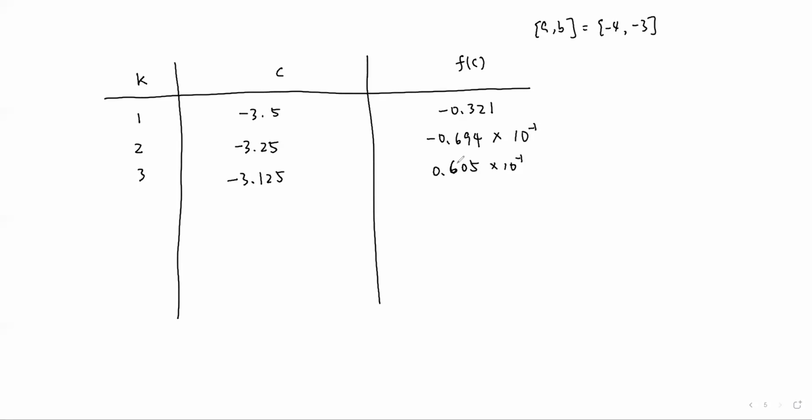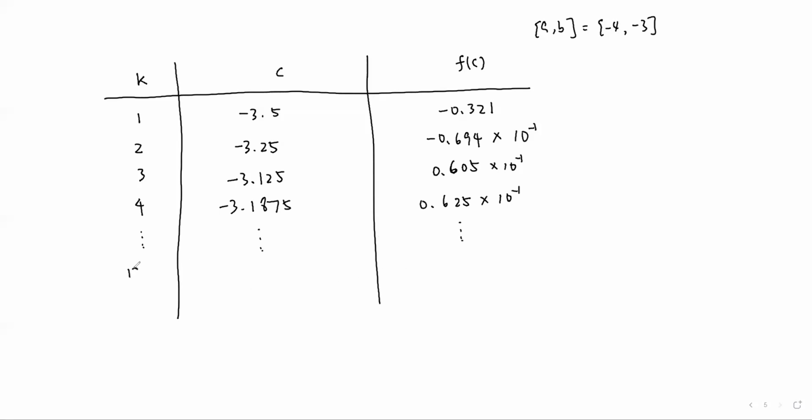Step 4, -3.1875, 0.625 times 10 to the -1. Actually, the convergence speed of the bisection method is quite low, quite slow. Let me skip steps.